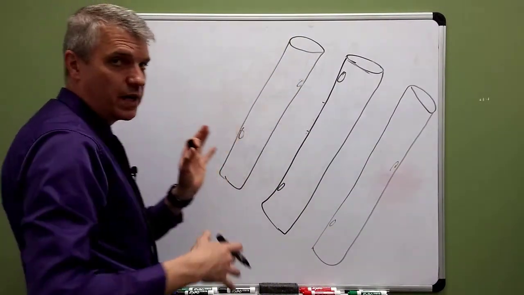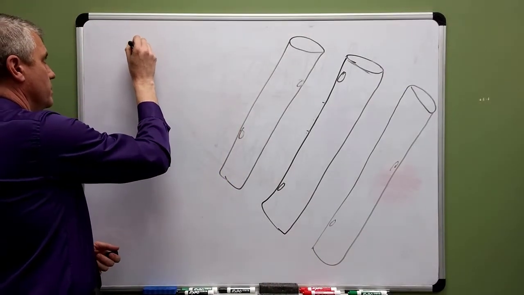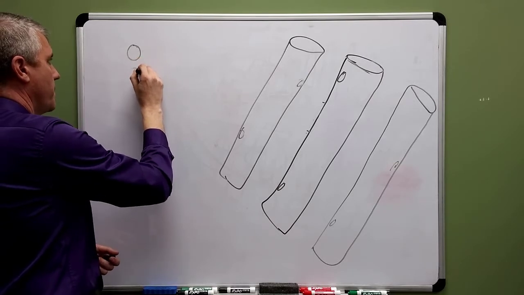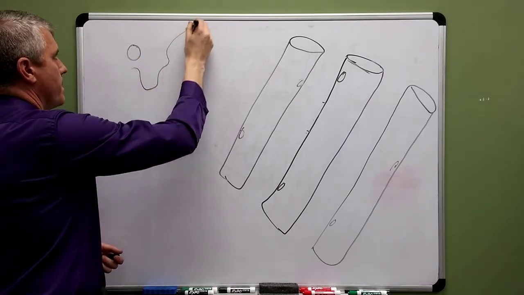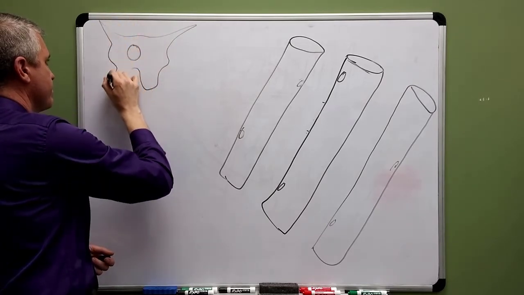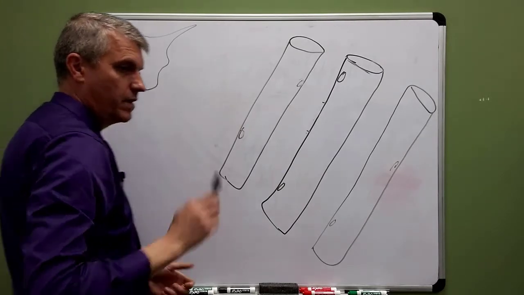And then I'm going to start trying to represent the nervous system. I'm going to try to draw a little spinal cord over here. Sorry, I think my marker is losing a little bit of ink.